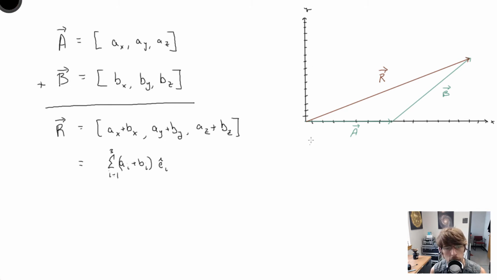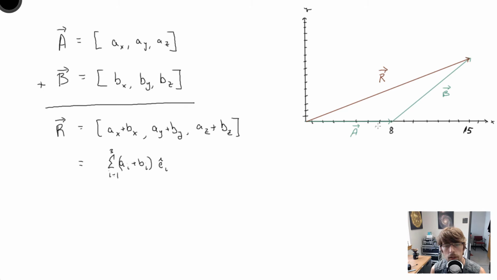Well, vector A, you notice, in the x direction, it's 1, 2, 3, 4, 5, 6, 7, 8. We have 8 in the x direction. And then we notice that vector B extends an additional 1, 2, 3, 4, 5, 6, 7. So this is 15.